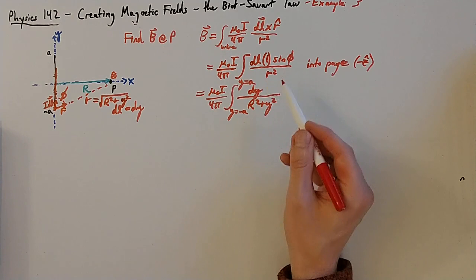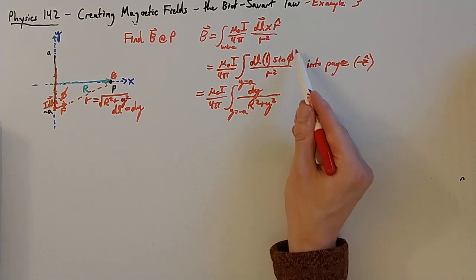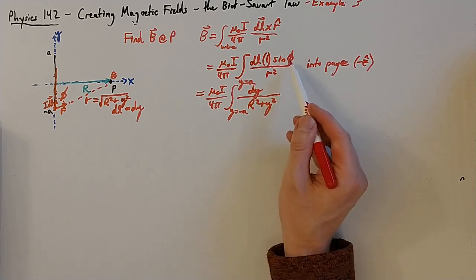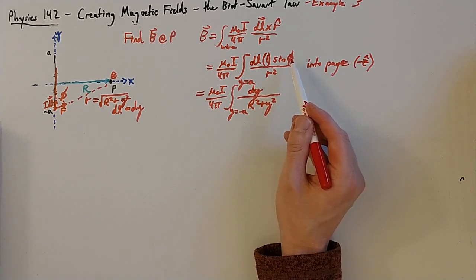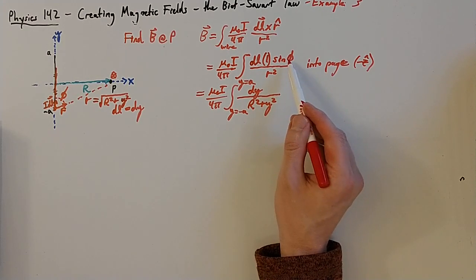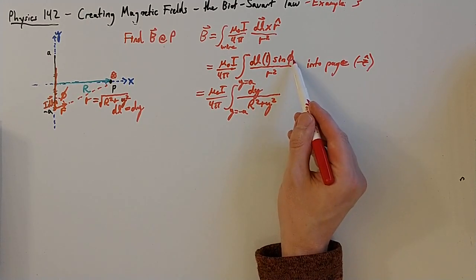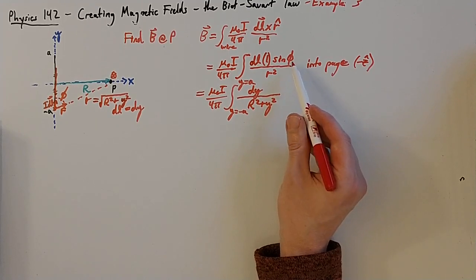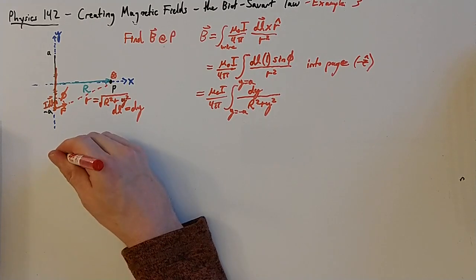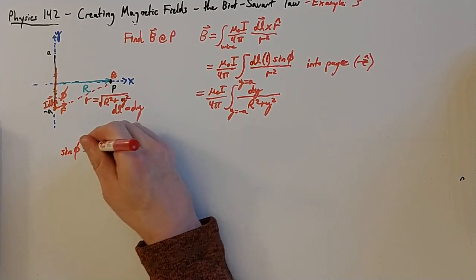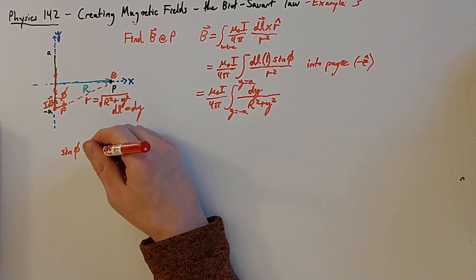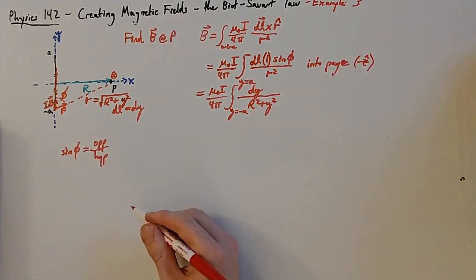All right, we've replaced our dl, we've replaced our r, but we still have to deal with this sine phi, this trig function. We've done similar things to this when we dealt with electric fields. Now, trig functions, remember, can be written as ratios of side lengths. And sine, specifically, sine of phi is always going to be the opposite of phi over the hypotenuse. That's what sine is.